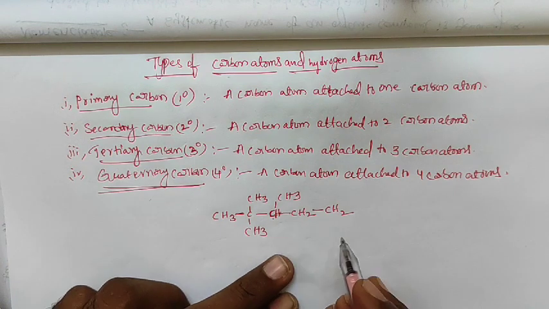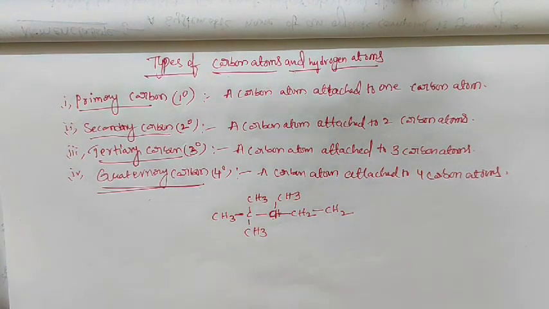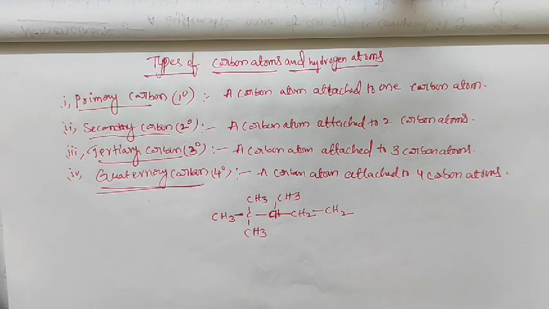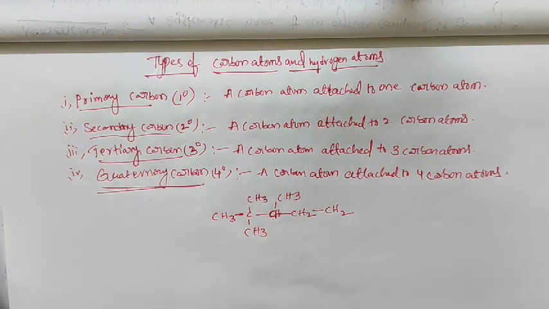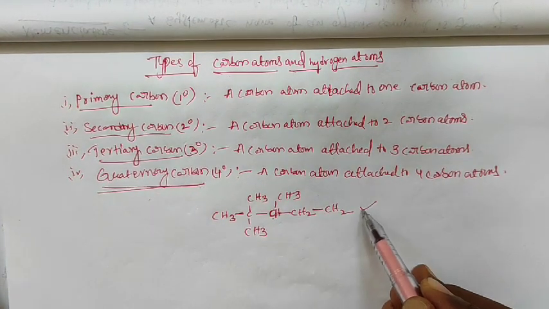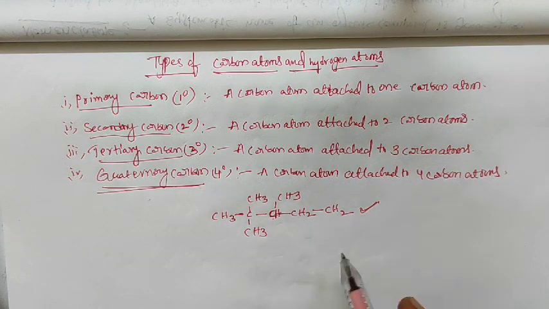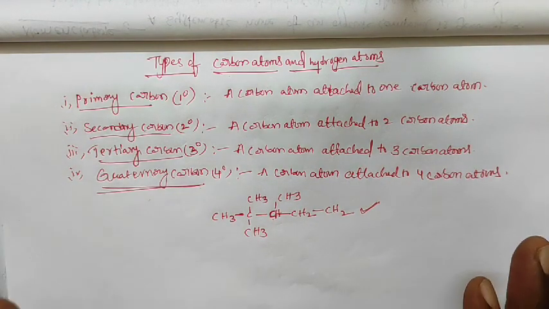In exams they will ask which is a primary carbon atom, which is a secondary carbon atom, how many primary carbon atoms are there, how many secondary, how many tertiary, how many quaternary carbon atoms are there.